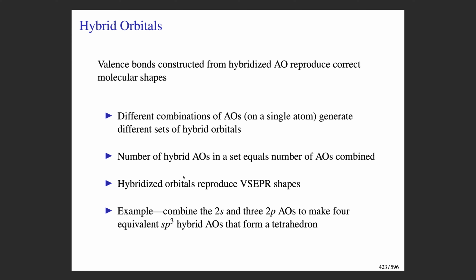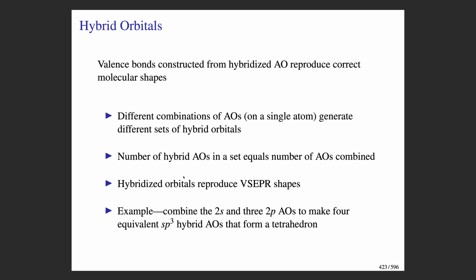This is going to create constructive and destructive interference in different regions of space around the atom. What we're going to find is that the hybrid orbitals we form are going to have the correct geometry that we would expect based upon the VSEPR model that we've looked at before. Hybridized atomic orbitals within the valence bond theory reproduce the VSEPR molecular geometries.